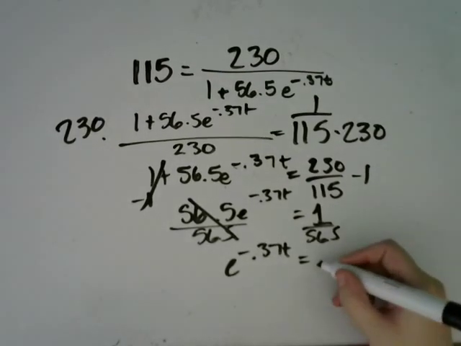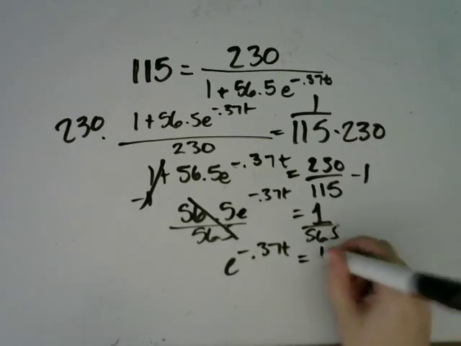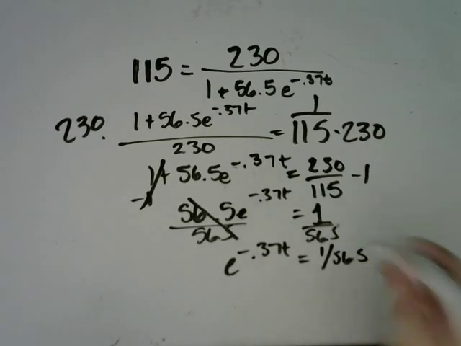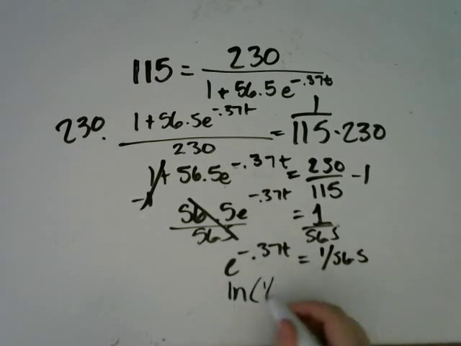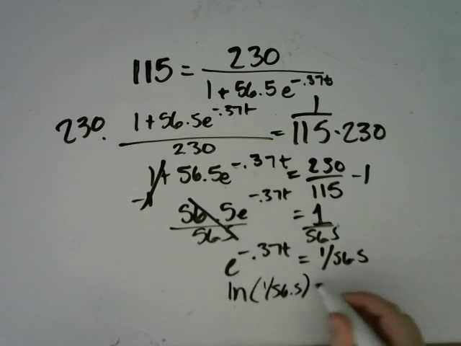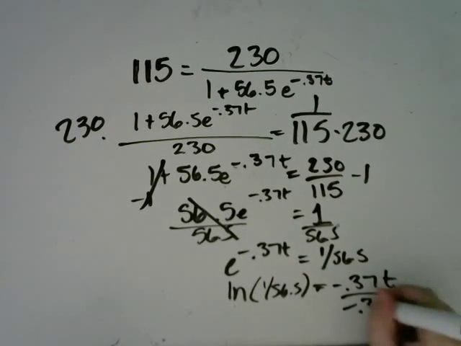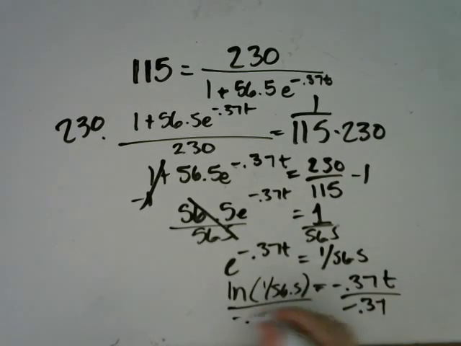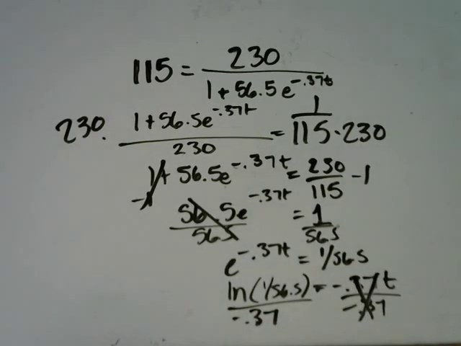So again, I'm going to leave it like this. 1 over 56.5. And I'm going to ln both sides. So I get the natural log of 1 over 56.5 equals negative 0.37t. Divide by negative 0.37 and type this into your calculator.